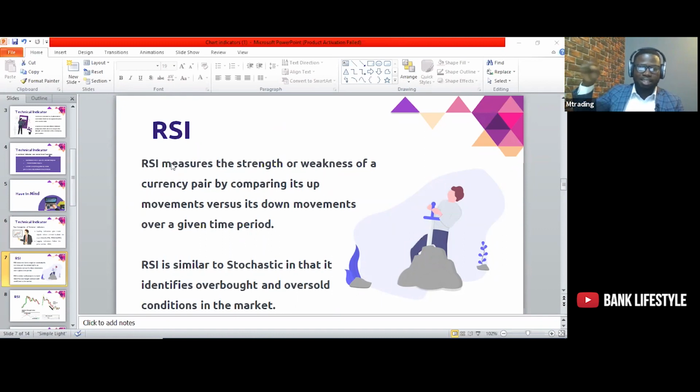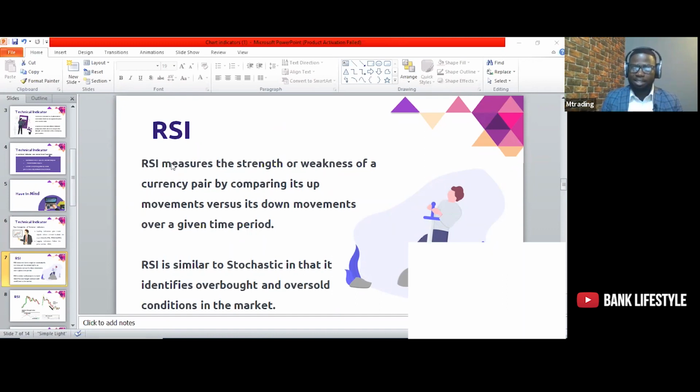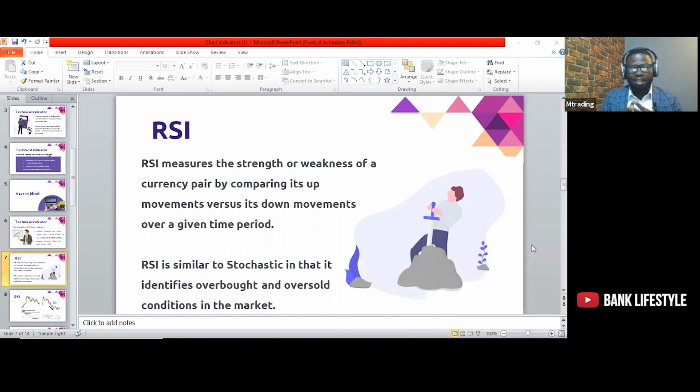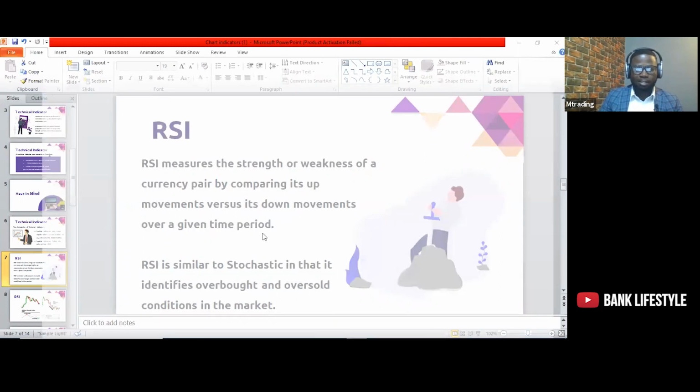So at this point in time, the currency can reverse and go towards the opposite direction. It's a very important indicator, one of the most important indicators in the market. It makes you know whether the currency pair has lost its strength or momentum. So let's go into the charts and see how the RSI works.